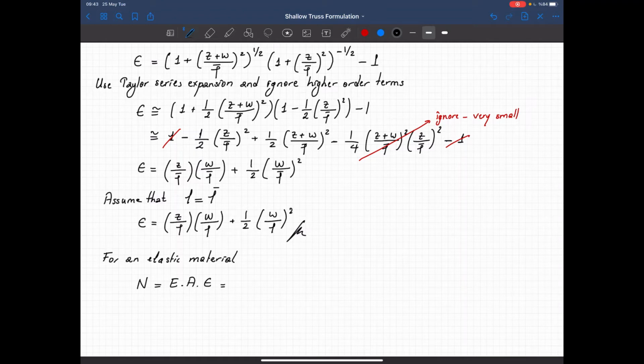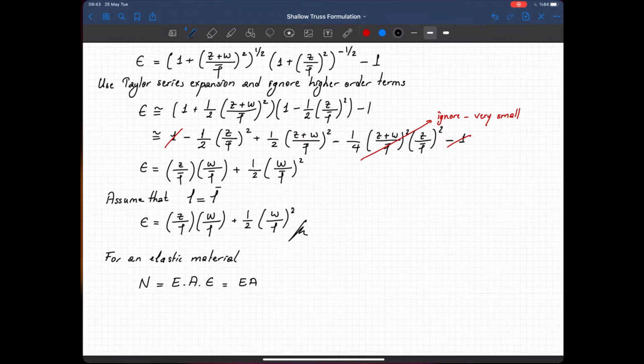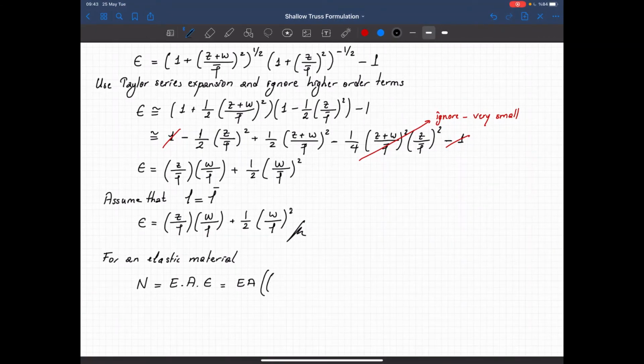Then in that case that's equal to EA multiplied with Z over L, W over L, plus 1 over 2 W over L squared.